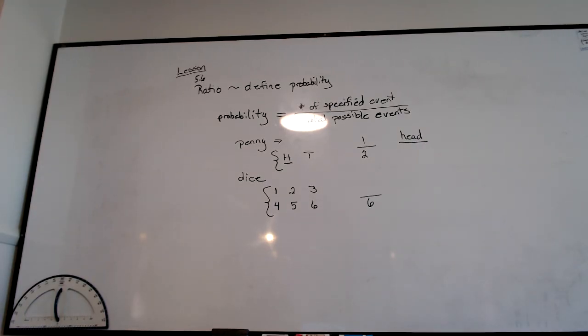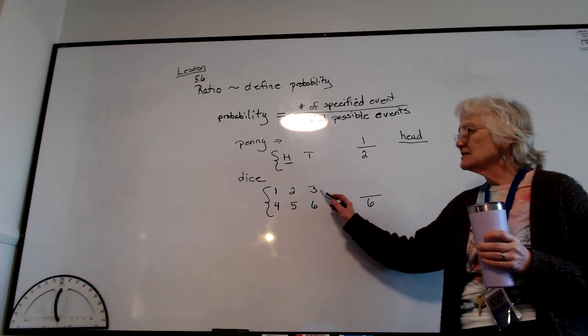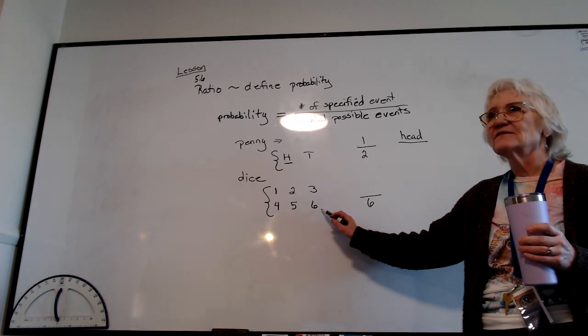If I want to get a number that's divisible by 3, how many of these outcomes are divisible by 3? 2 of them, right? 3 is divisible by 3 and 6 is divisible by 3.